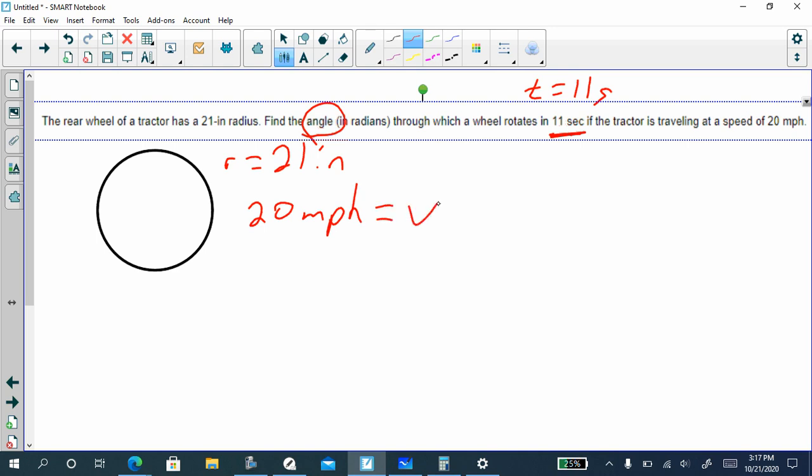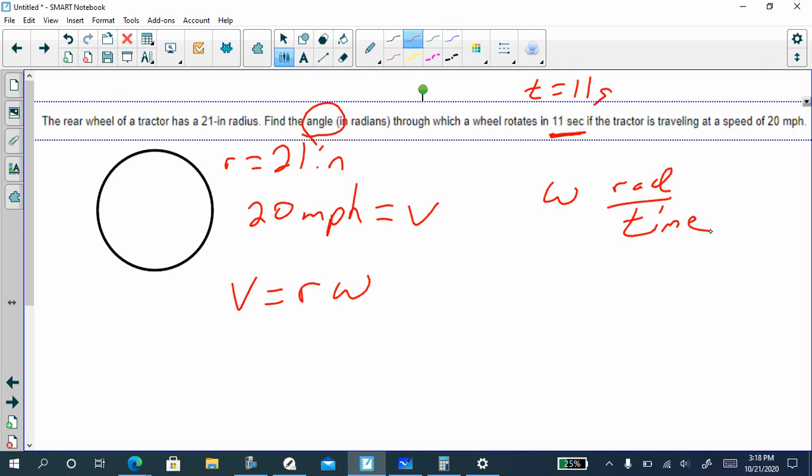Well, that's a velocity. So our relationship is V equals R omega. If we can find the angular velocity, if we can find how many radians per unit time, then we can find out in 11 seconds how many radians we have turned.